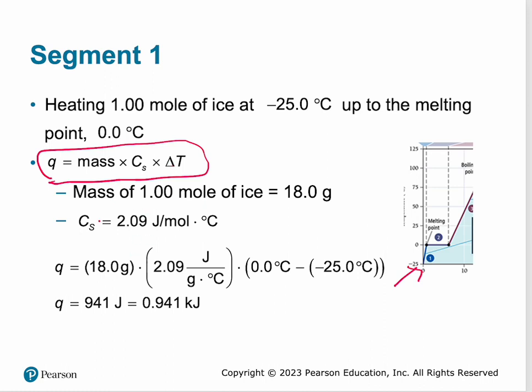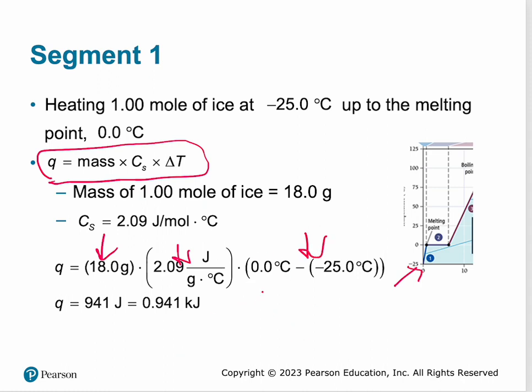We were told that the constant, or C sub S, is 2.09 joule per mole per degree C. Now if I put all these things in this formula, 18 grams basically is 1 mole of ice. We multiply it by this constant, multiply it by change in temperature.